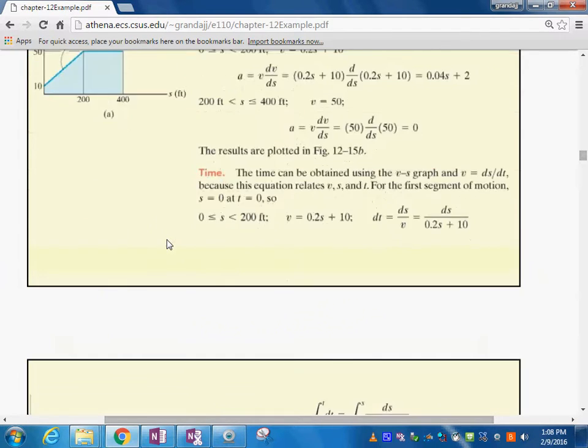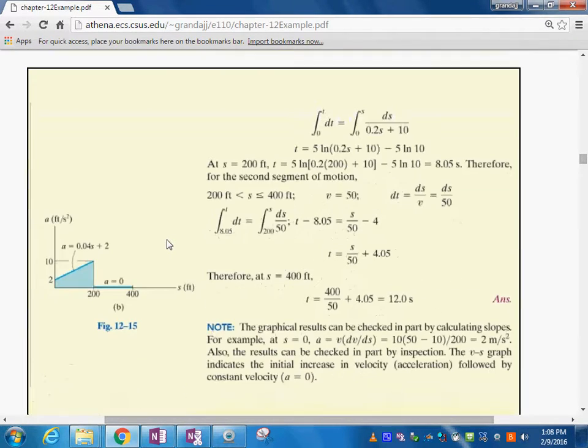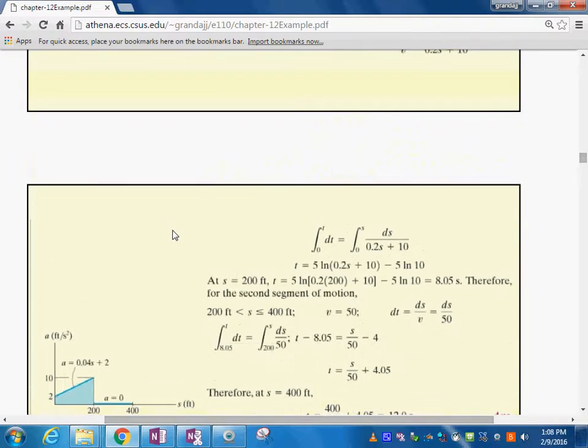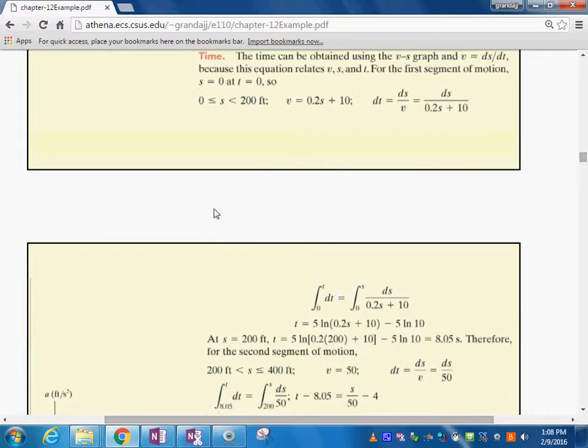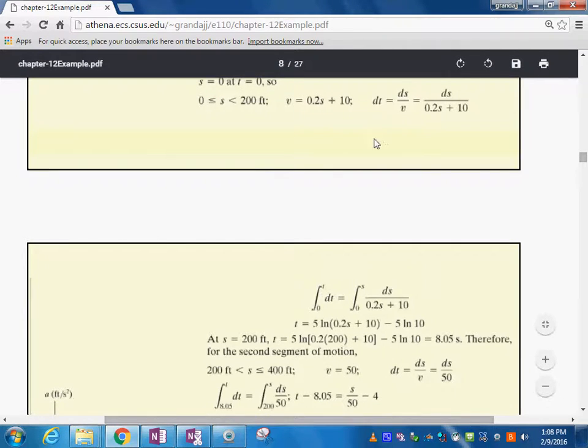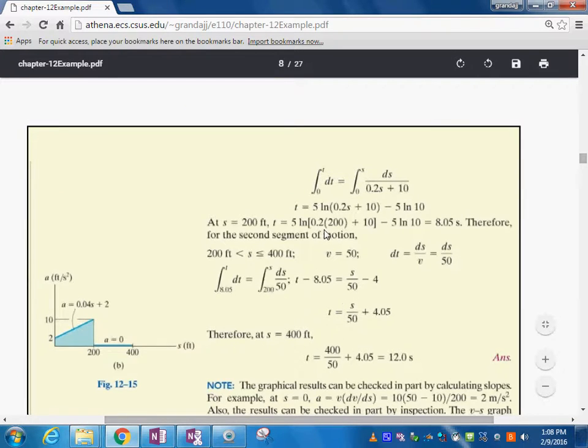Therefore, for the second segment of the motion, you have this, where v is 50, and if you integrate it in time, you should be able to come up with the answer that the time is going to be 12 times this.